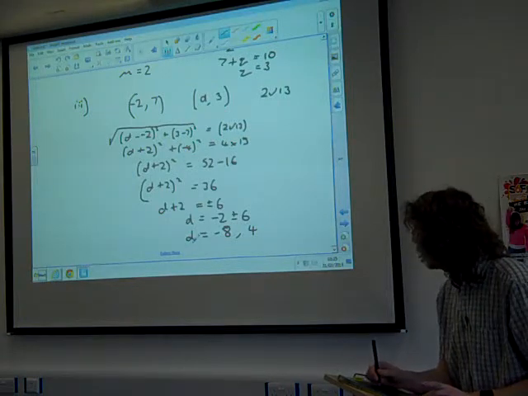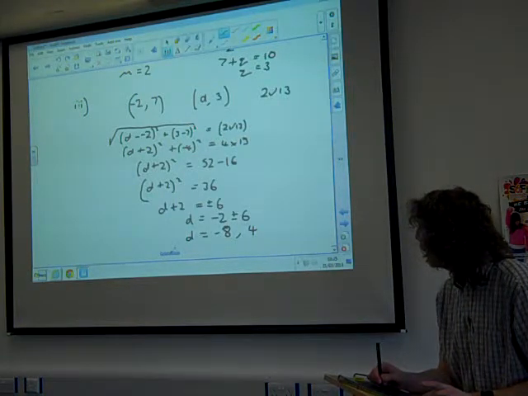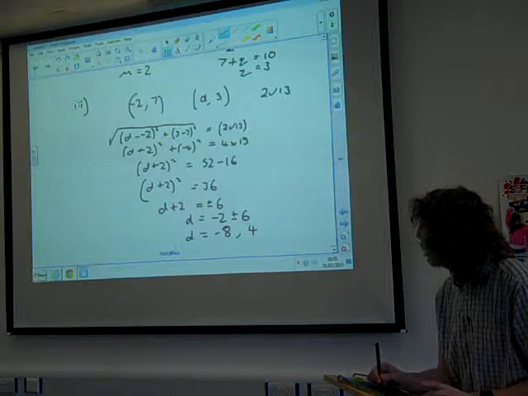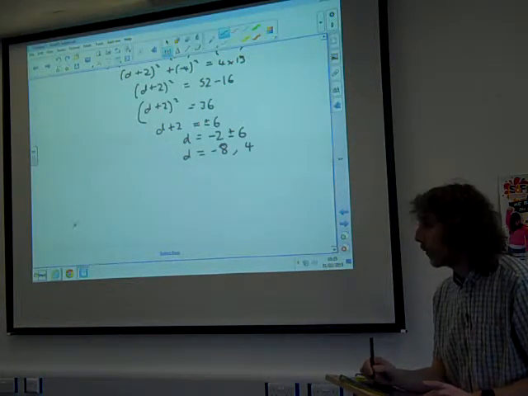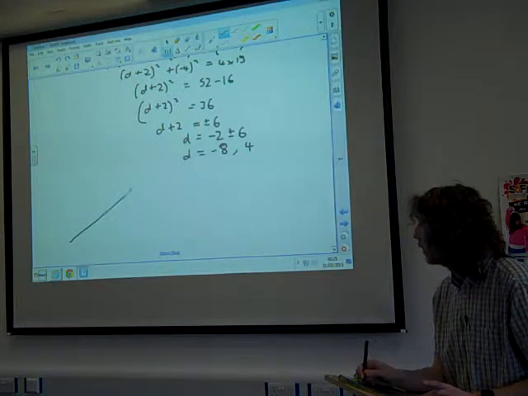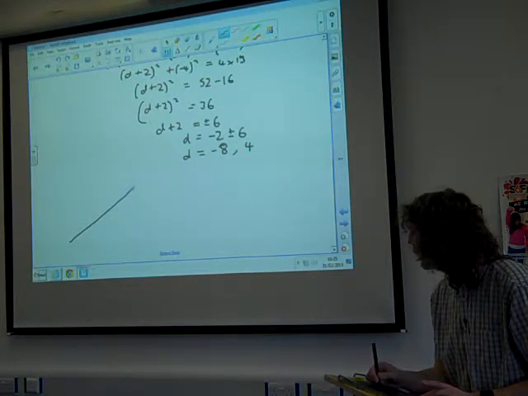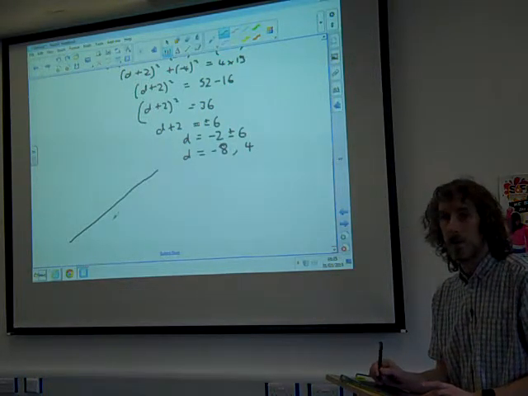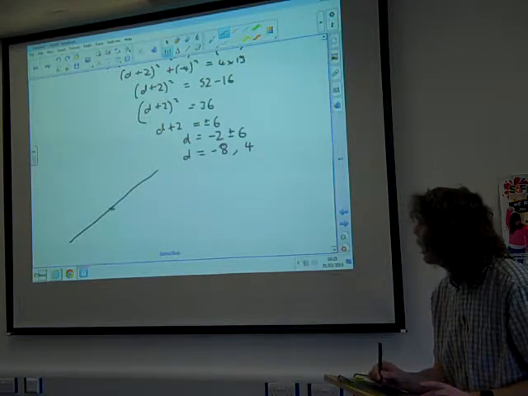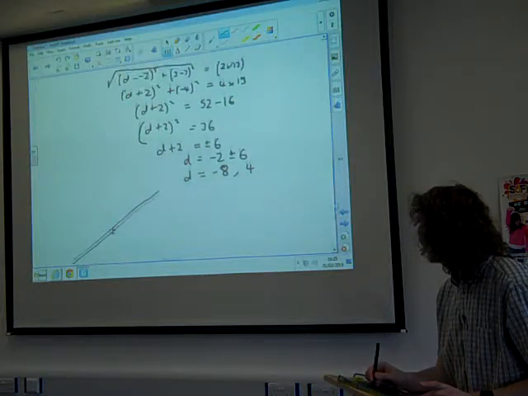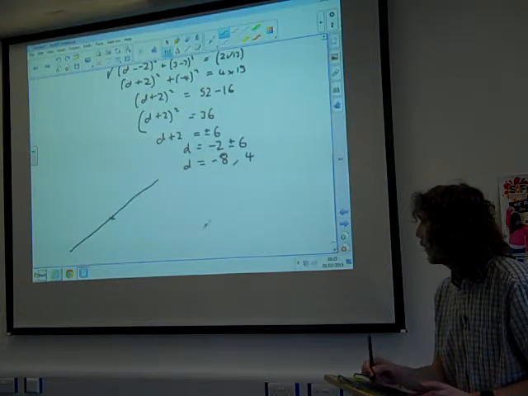But I do wonder about this as an alternative. So we've got a straight line somewhere. And we've got a point on that straight line with coordinates minus 2, 7.